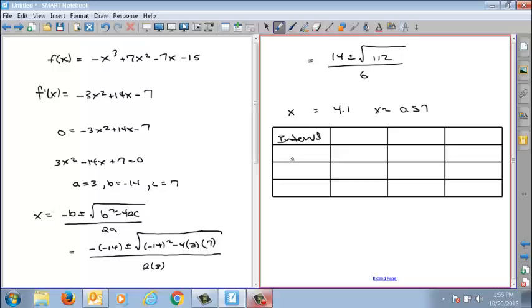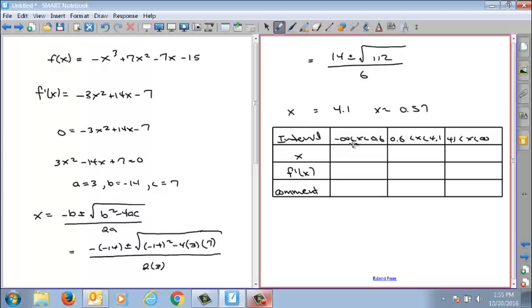And then we fill it out with the interval, an x inside the interval, the sign of the first derivative, and a comment. So our interval goes from negative infinity to 0.57. I'm just going to put 0.6. From 0.6 to 4.1, 4.1 to positive infinity.